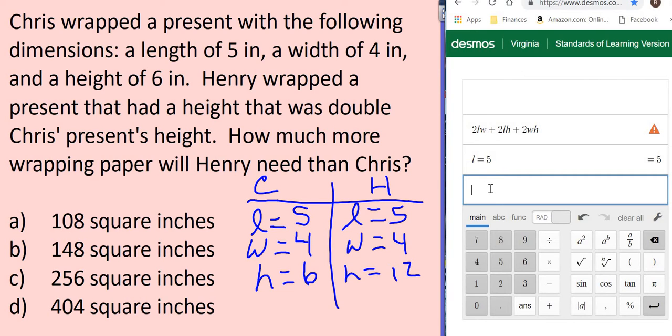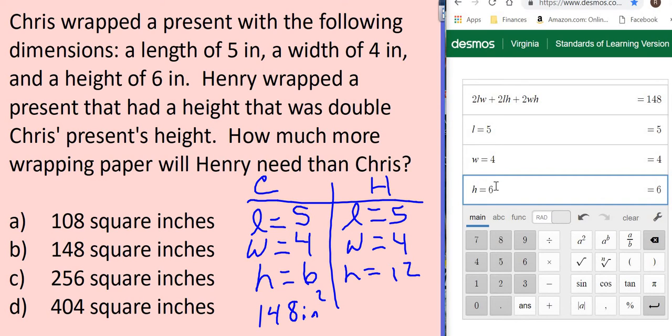Chris's length was 5. His width was 4. And his height was 6. So Chris's surface area was 148 inches squared. So now let's try Henry's. The only thing we need to change is the height. We're going to change it to 12.